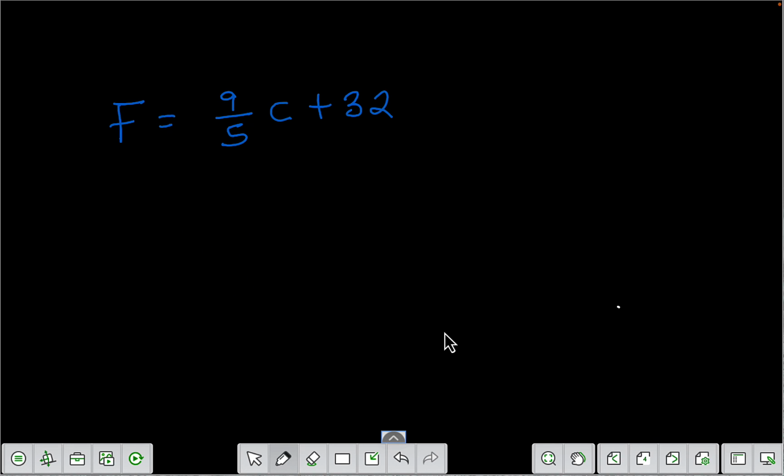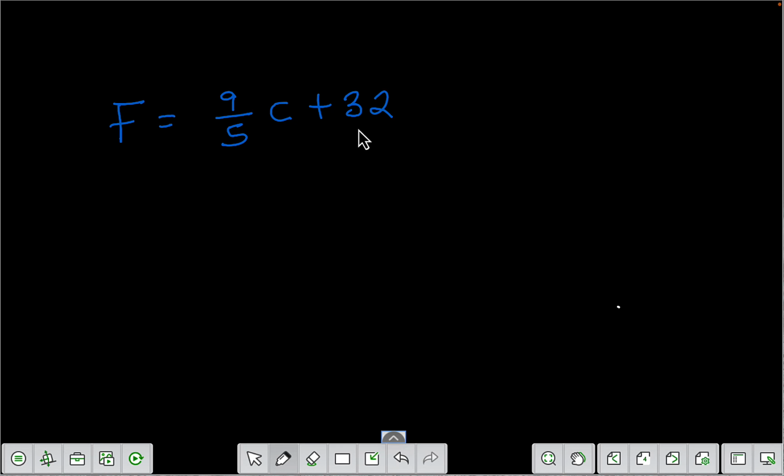Okay, so this is going to be our last problem on solving for literals. This is a very popular one. If you have a temperature in degrees Celsius and you want to convert to the equivalent in Fahrenheit, you multiply the temperature in degrees Celsius by 9/5 and add 32 to it.